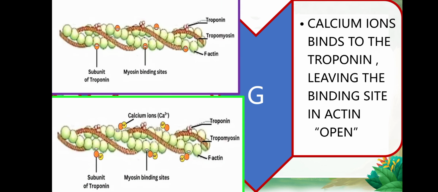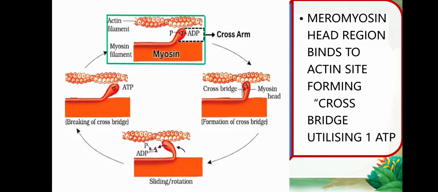After that, when calcium ion is released into the cytoplasm, it binds to troponin, releasing it from the actin binding site, and the site is free for myosin to bind. Then the myosin head region binds to the actin site, forming a cross bridge utilizing one ATP.